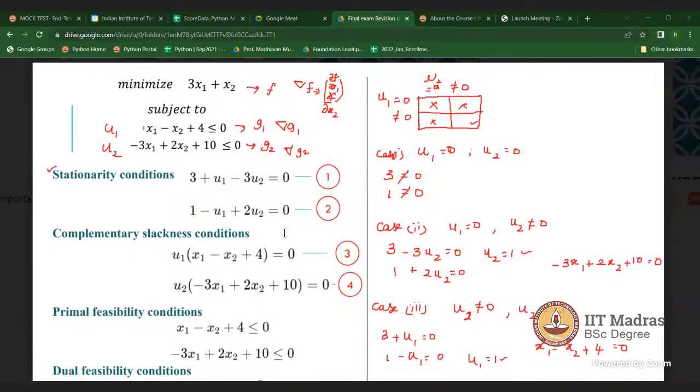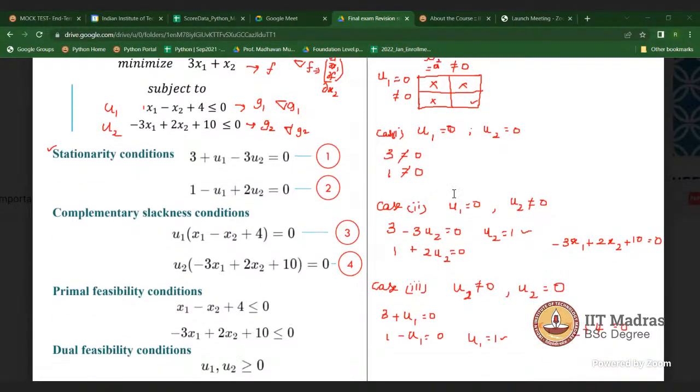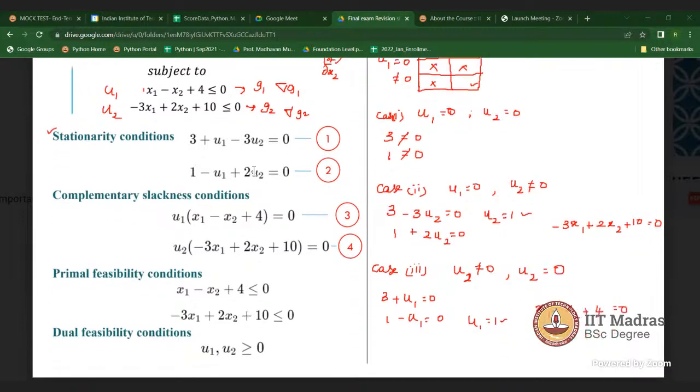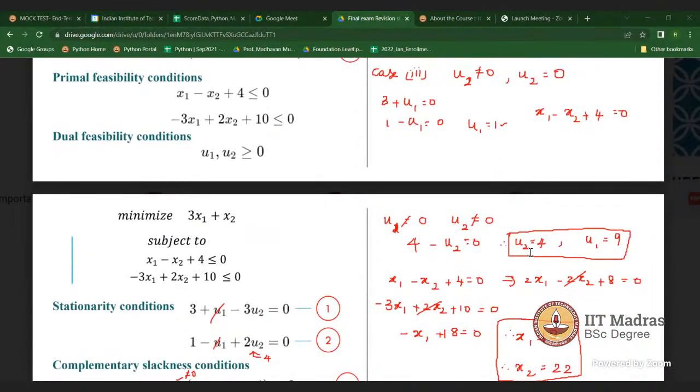Instead of assuming u1 equals 0, u2 equals 0 and solving, since we have only u1 and u2 and two equations, you can directly solve for u1 and u2. What we get is u2 as 4 and u1 as 9.